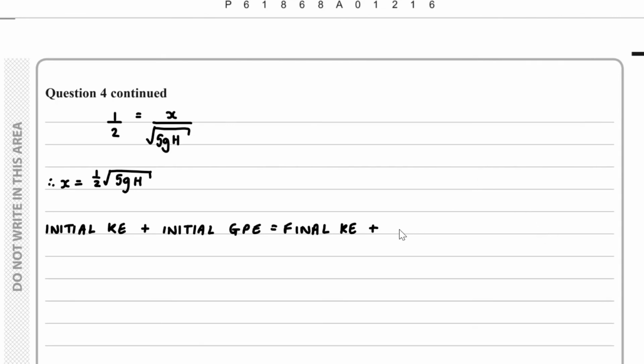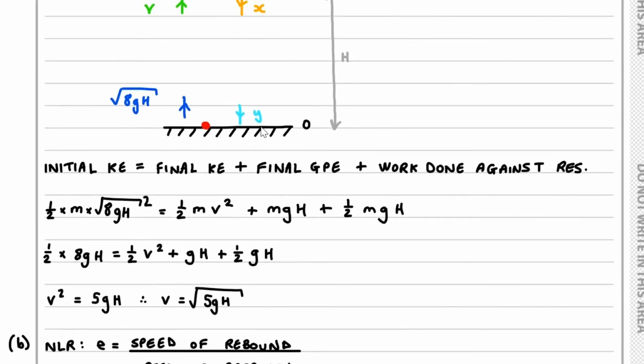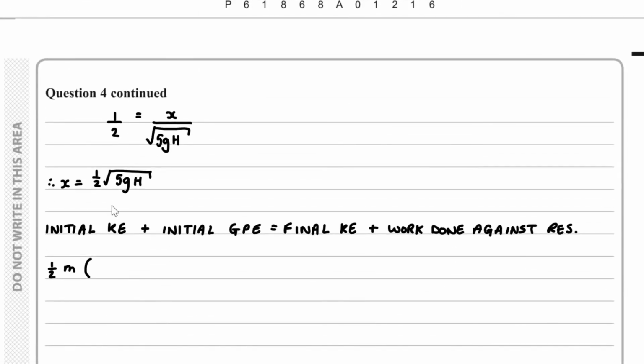So we will add on the work done against resistances. So for the initial kinetic energy, we've got 1/2 multiplied by the mass, m, multiplied by the speed squared. So here we've got x squared. In other words, we've got 1/2 times by 5gh square rooted squared plus mgh.